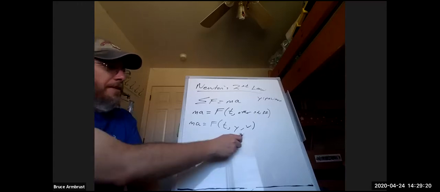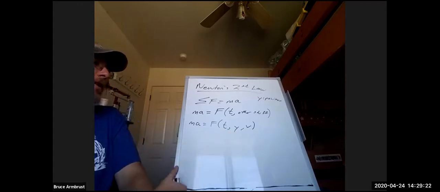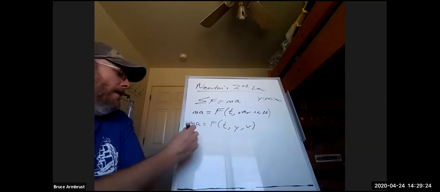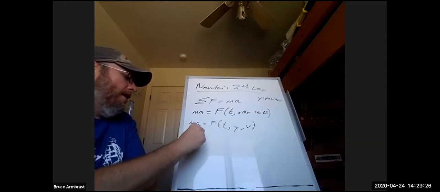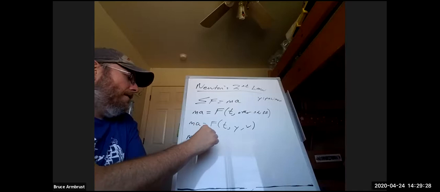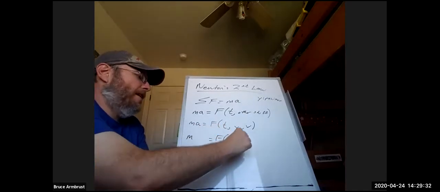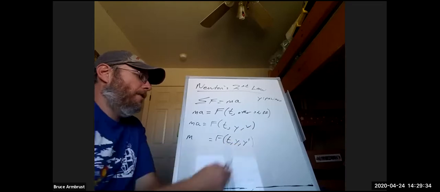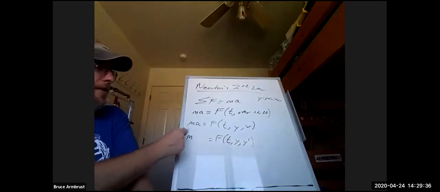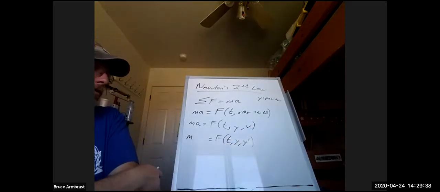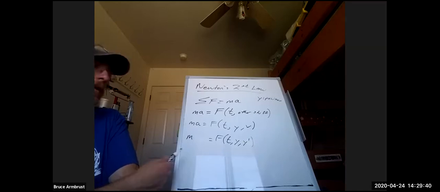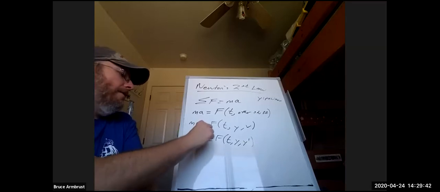Well, this velocity, that's also known as the derivative of y. So instead of a function of t and y and v, we could call this t and y prime. And acceleration is also related to y, and it's the second derivative.